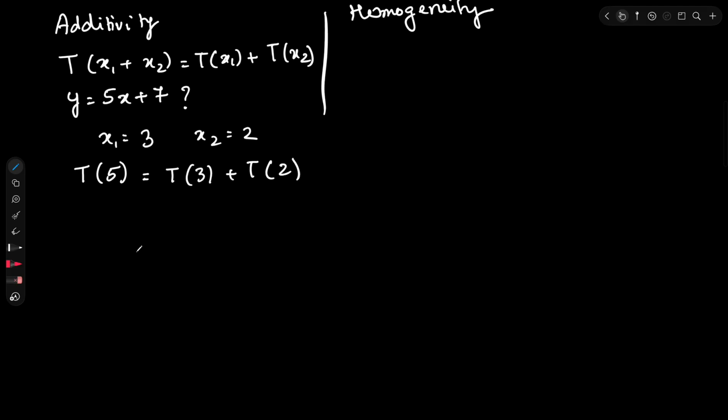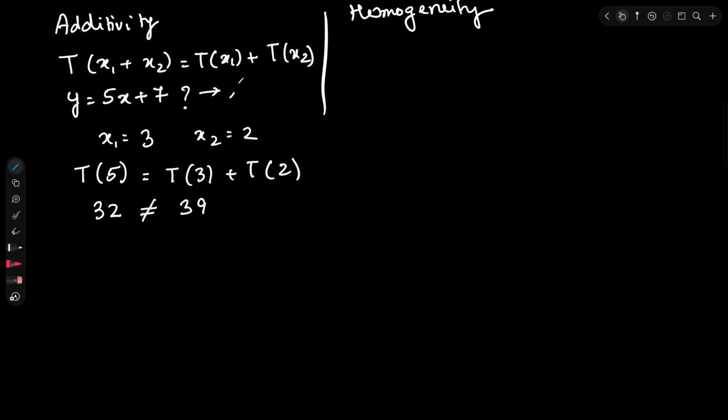But are we getting it? t of 5 is 5 into 5, which is 25, plus 7 is 32. Here t of 3 is 15 plus 7, which is 22, and t of 2 is 10 plus 7, which is 17. So 17 plus 22 is 39. This is not equal to 32.